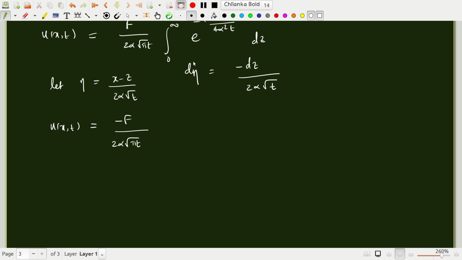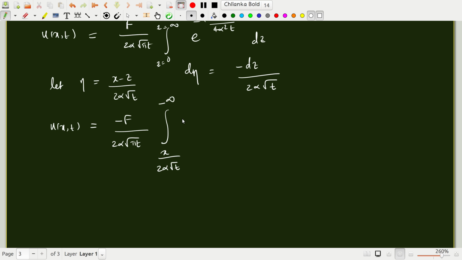Now the limits will change, because when z is 0, eta becomes x by 2 alpha square root of t. Now when z is infinity, then eta becomes minus infinity, for a finite x.